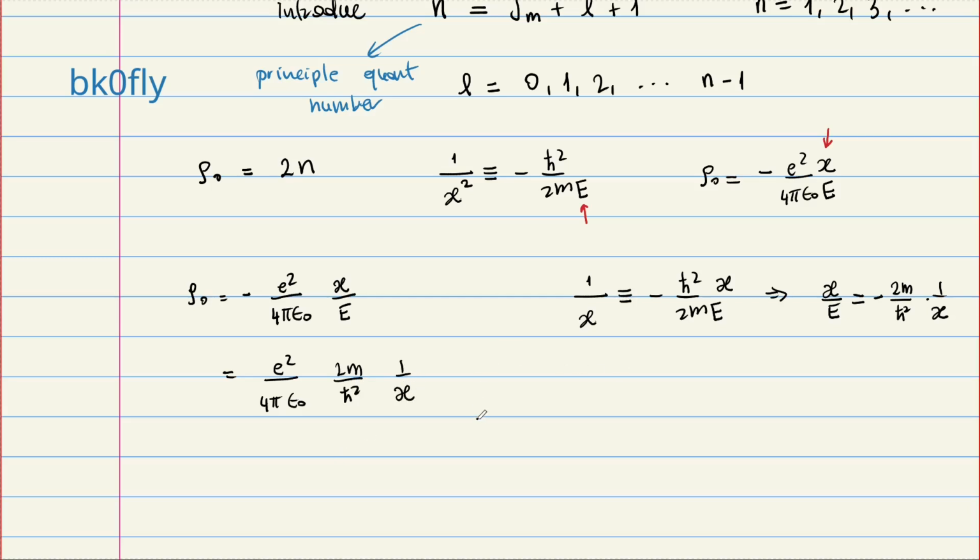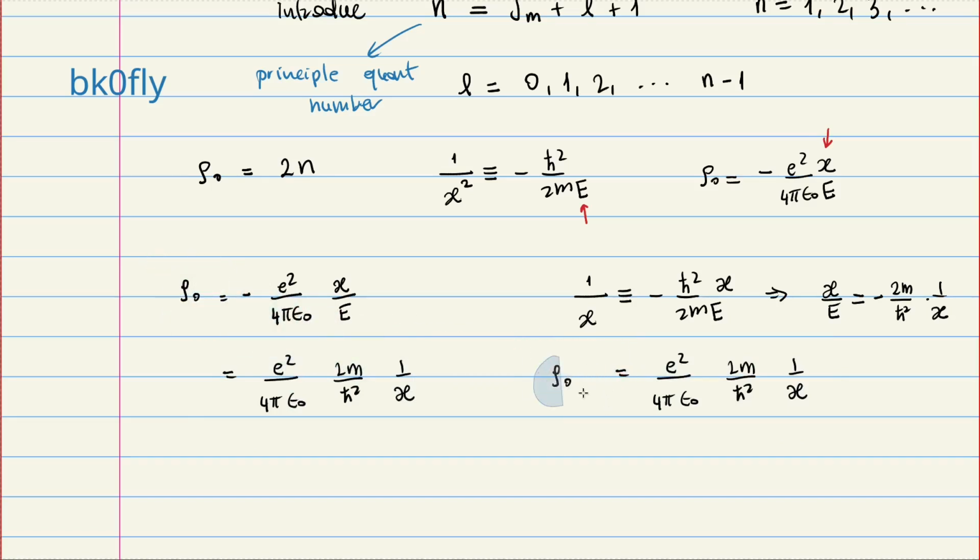And from here I see this kappa is equal to h bar squared over 2m. I think I want to write here and modify, otherwise I'll miss a factor.